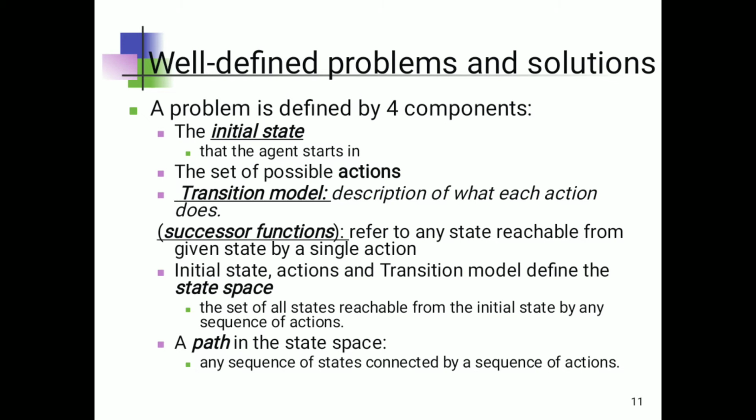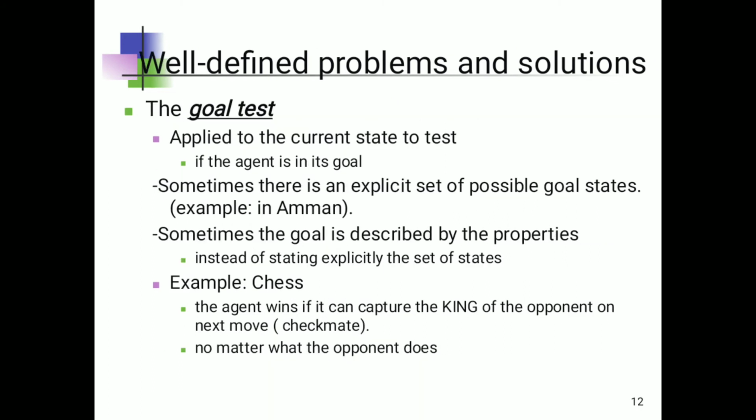A path in the state space is any sequence of states connected by a sequence of actions. So suppose from A I'll move to B, then from B I will move to C, then A, B, C will become my path. Then next one is the goal test.